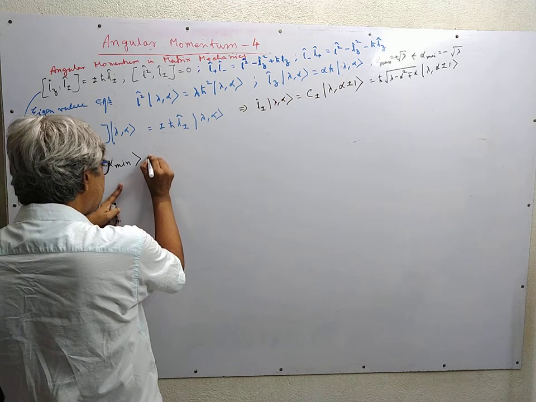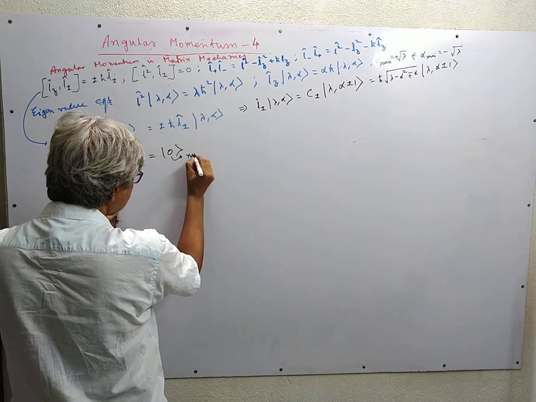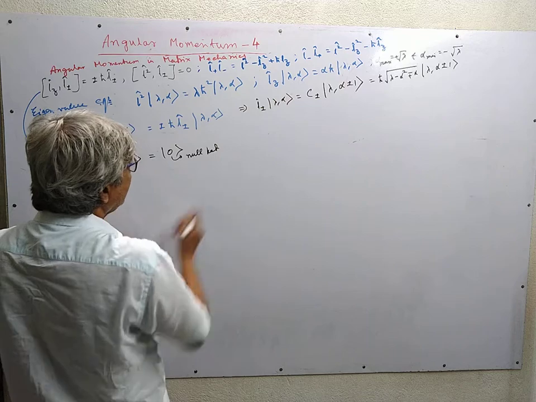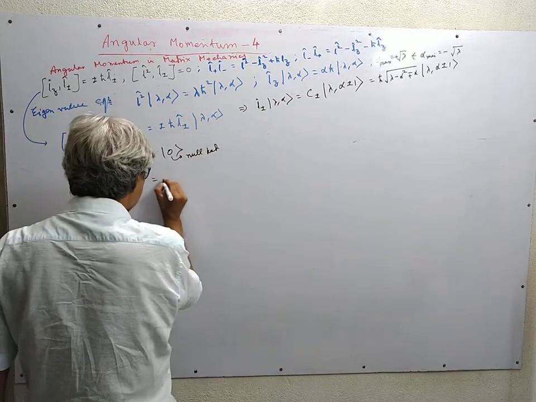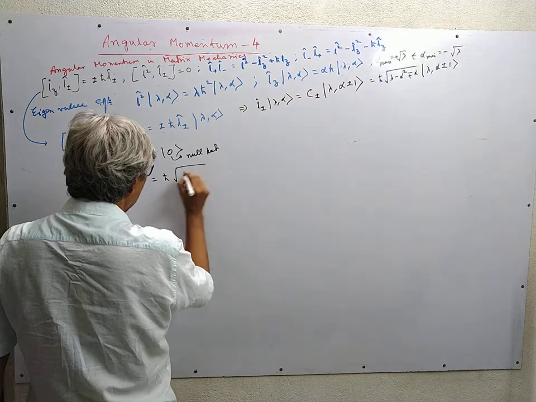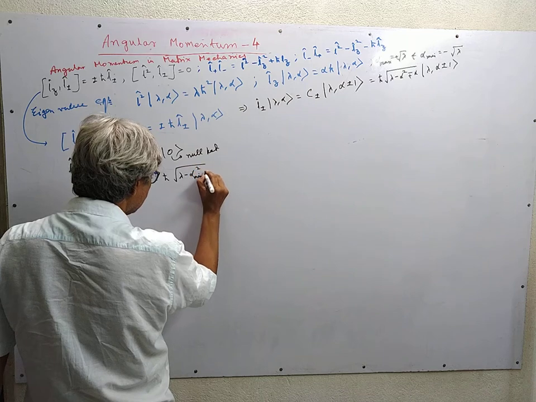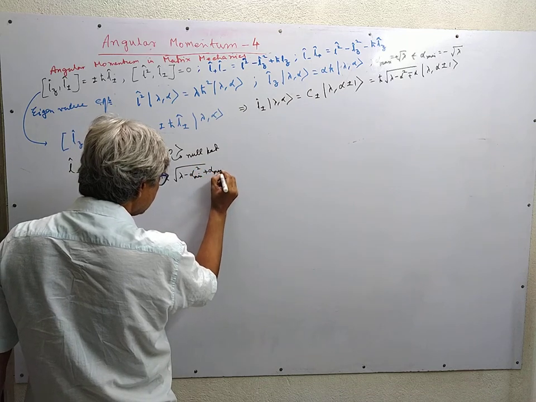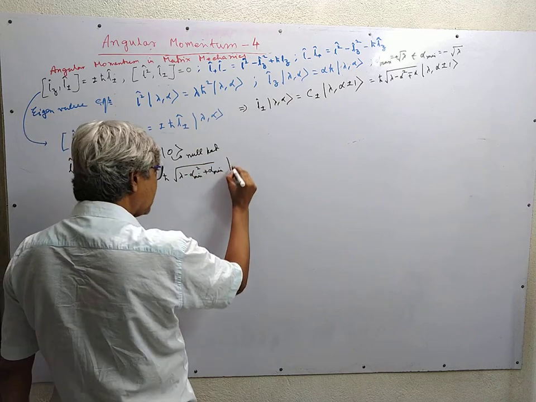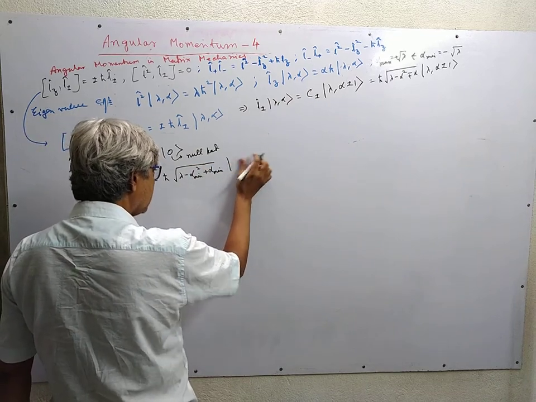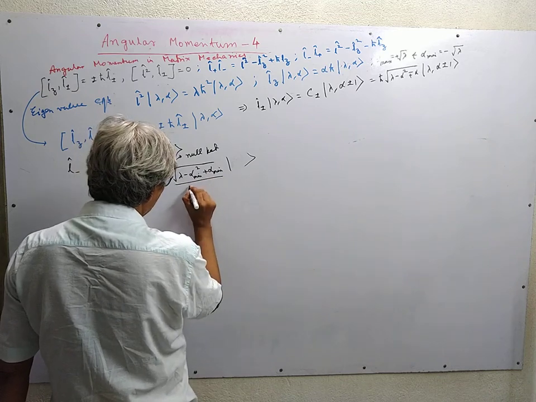So this is a null ket. If we apply this form, this can be written as ħ square root of lambda minus alpha min square plus alpha min times the null ket, but this is equal to 0.